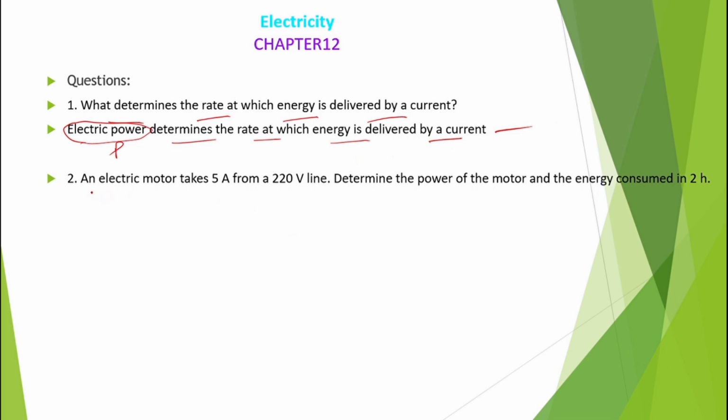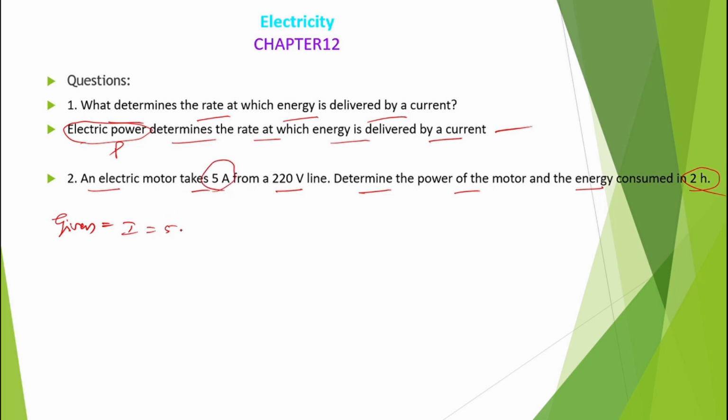Now one problem is asking: an electric motor takes 5 amps from a 220 volt line. Determine the power of the motor and energy consumed in 2 hours. So we will see what is given. Given: takes 5 amps, that means I is given.